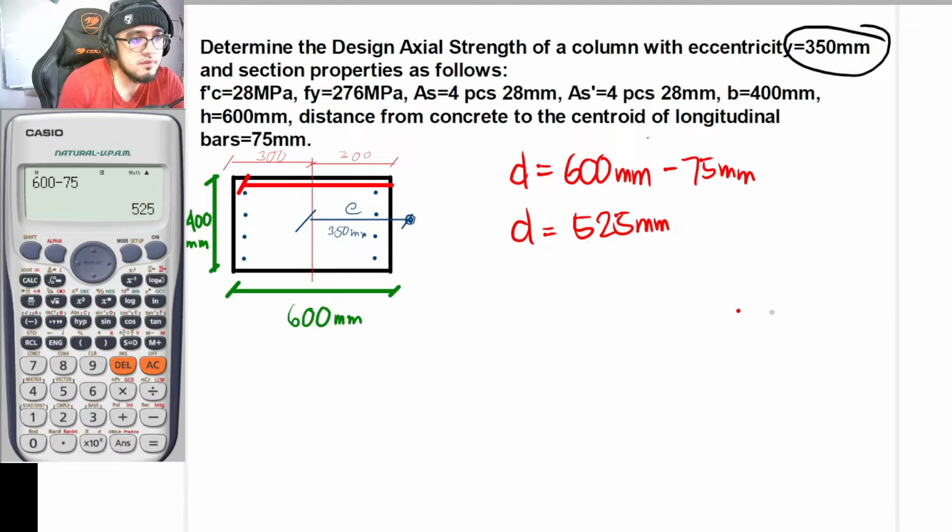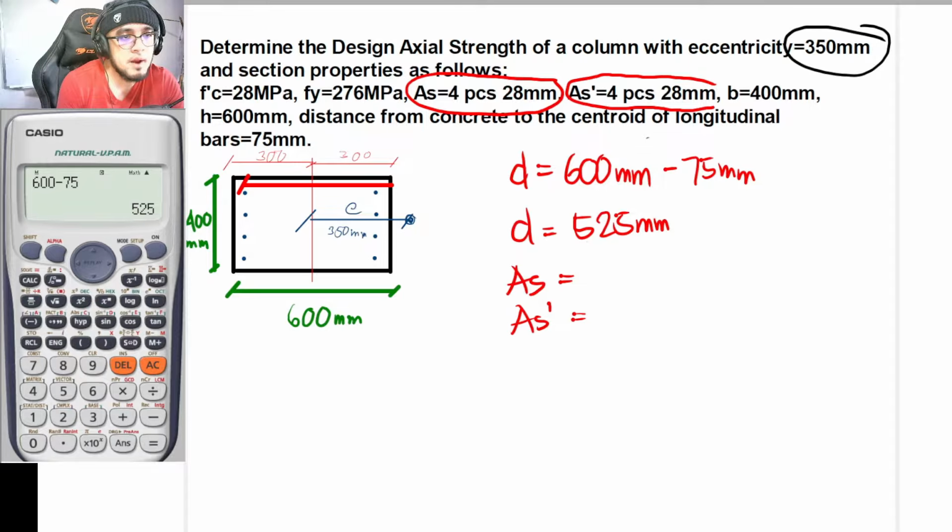Okay, so what about for our As and our As prime? I would just be writing them here so that I wouldn't be resolving them for every assumption that we will be doing later. Basically our As is equal to our As prime because both of them have 4 pieces of 28 mm diameter rebar.